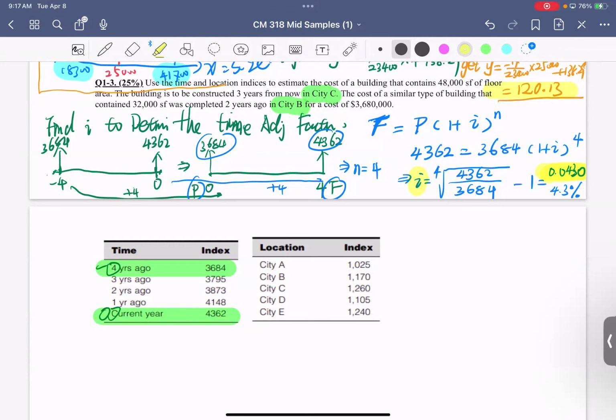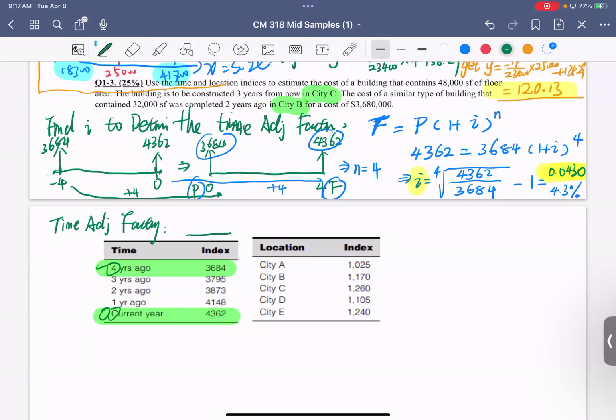Okay. Now you have determined your I, and we are going to find your time adjustment factor. To find it, you look at the problem statement.